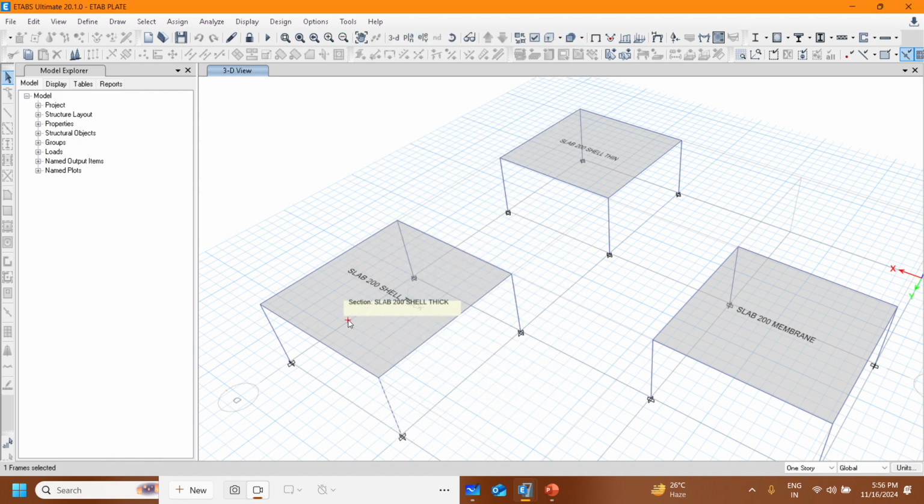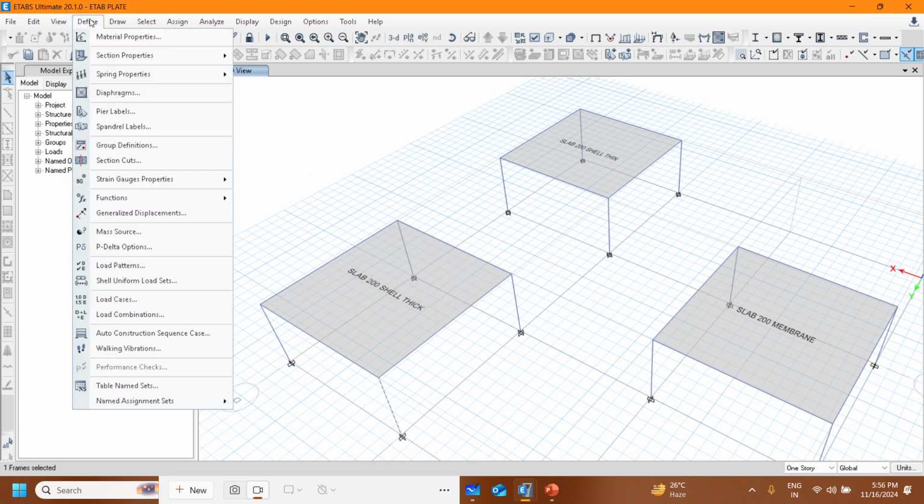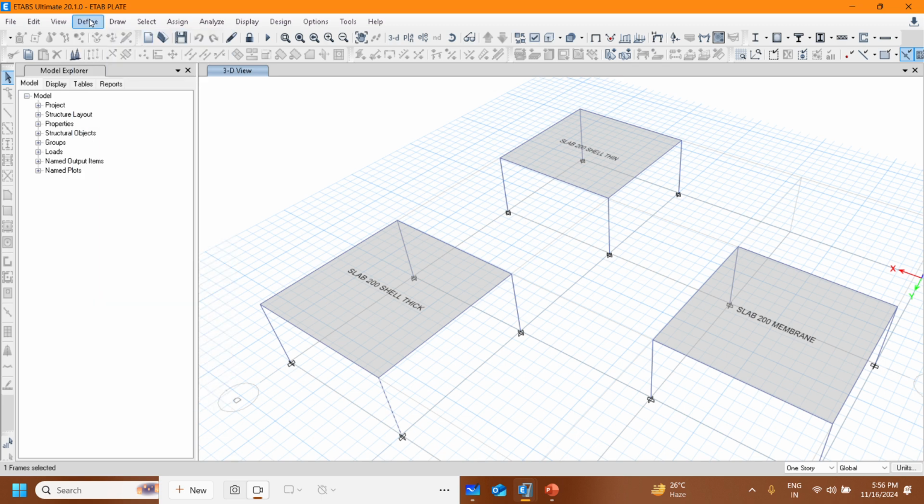We have put only the basic loading, that means the dead load and live load only, not following any particular IS code or any kind of code.